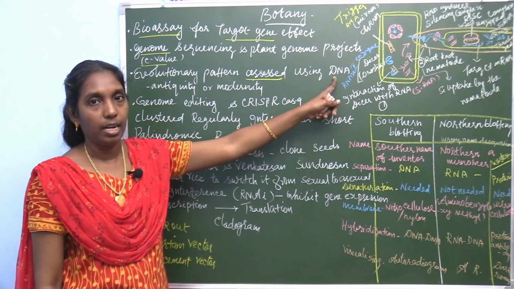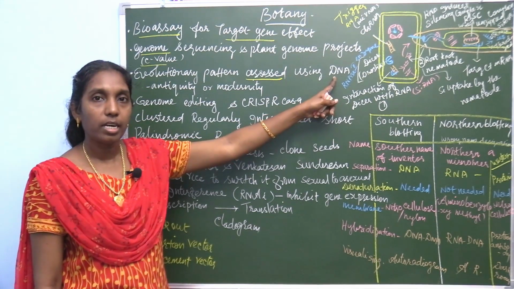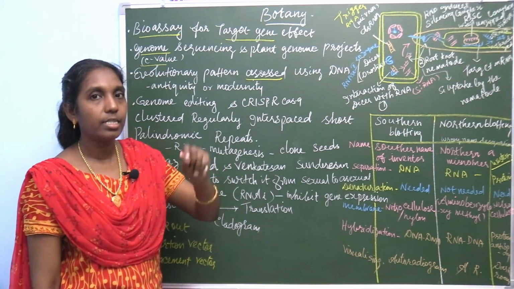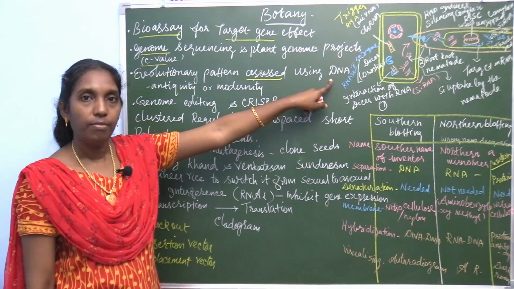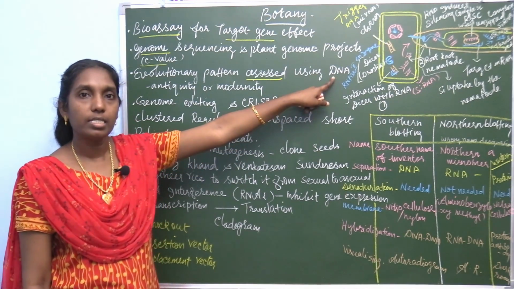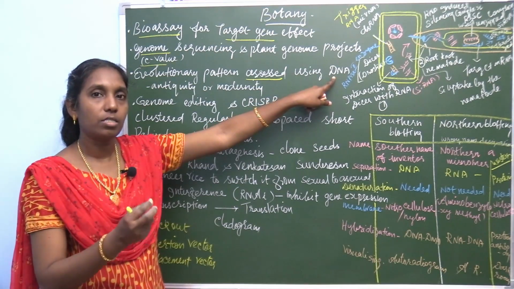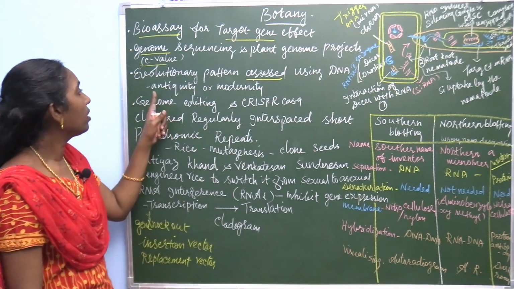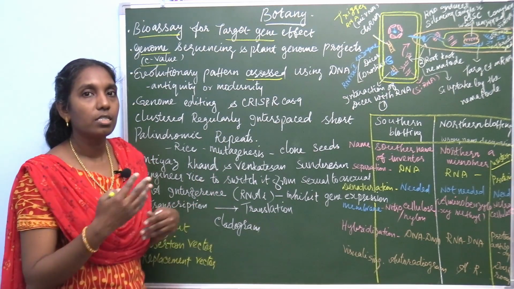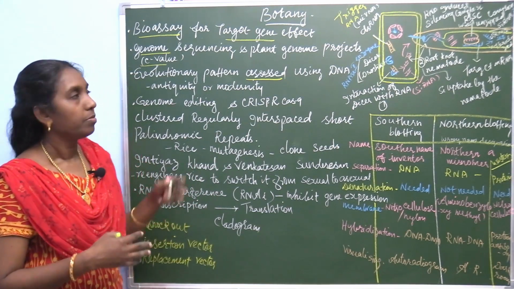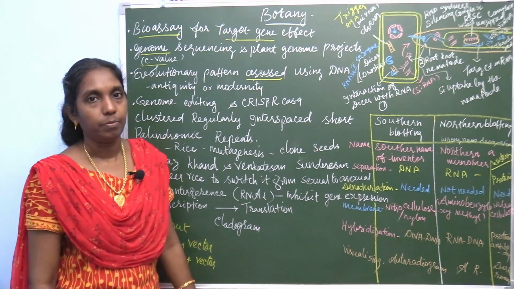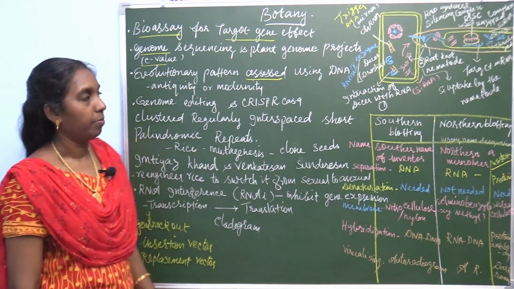If you analyze all the characteristics of DNA, each and every trait can be determined in the form of genes. So if the content of DNA is analyzed, all the characters are present in it. So it reveals antiquity or modernity, from ancient till modern. That is the evolutionary pattern assessed using DNA.